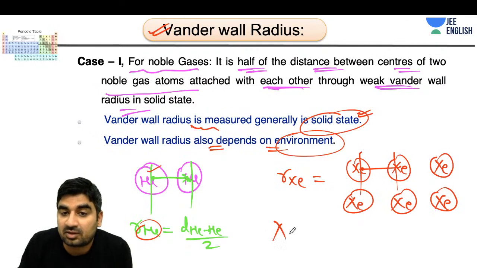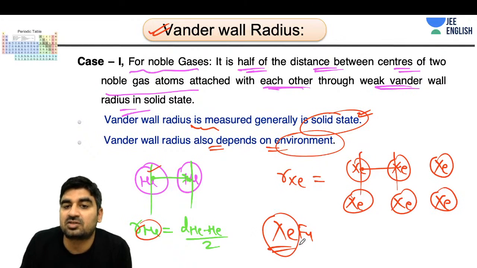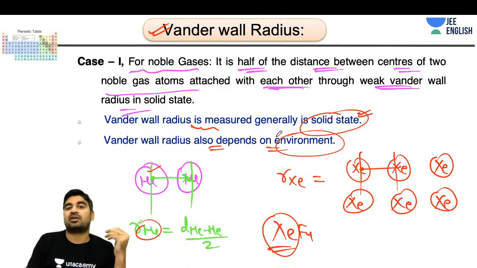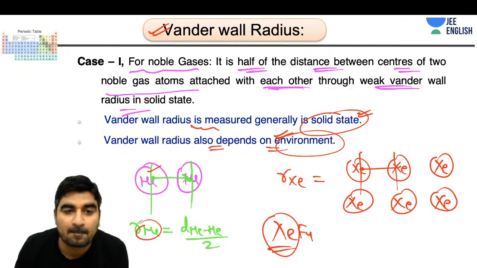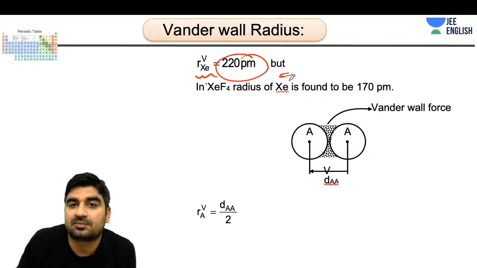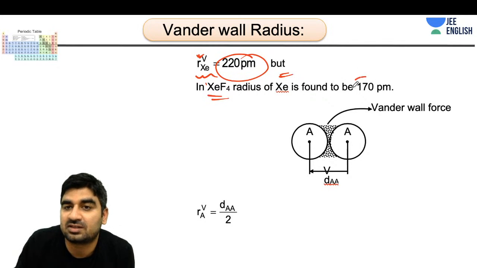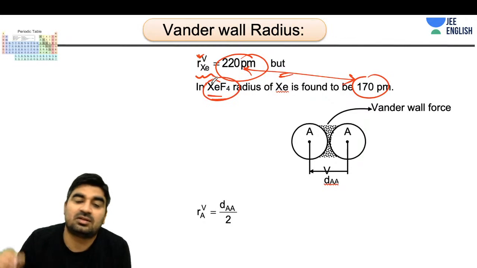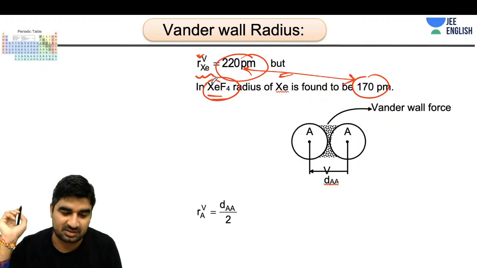But if I talk about XeF4 and measure the radius of xenon here, then it will be different. So radius of xenon is 220 picometer, van der Waals radius. But in XeF4, radius of xenon is found to be 170 picometer. Why? Because the environment around xenon is changing.